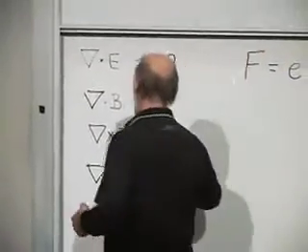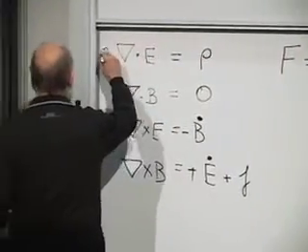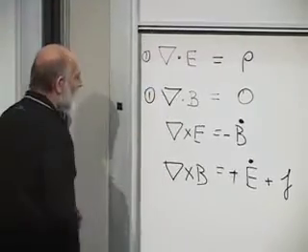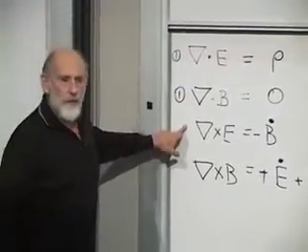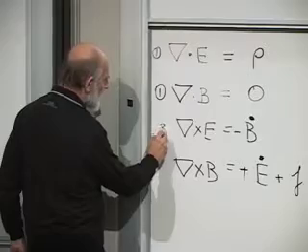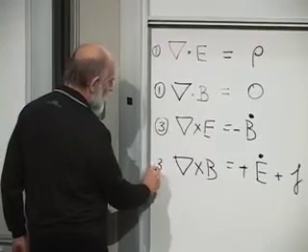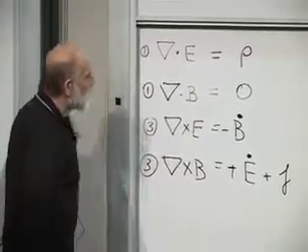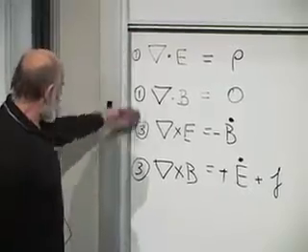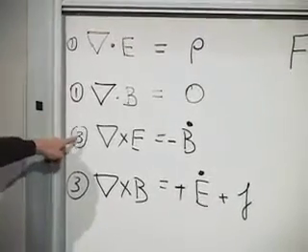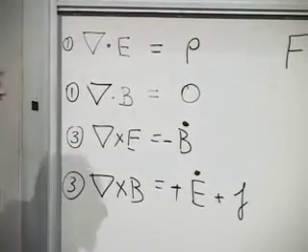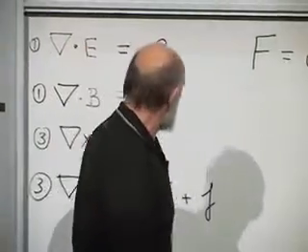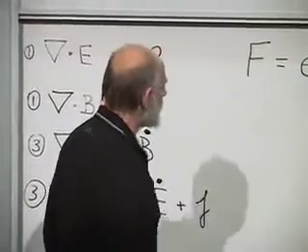This is one equation. This is one equation. One equation. One equation. How many is this? This is 3 equations. And this is 3 equations. So these are the field equations. That's 1, 2, 6, and 2 is 8. 8 equations.